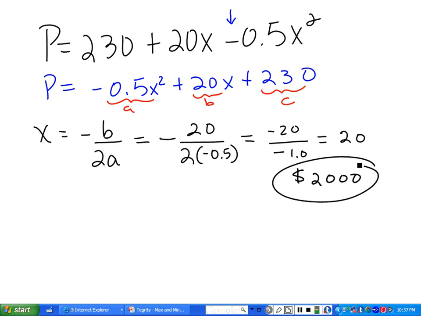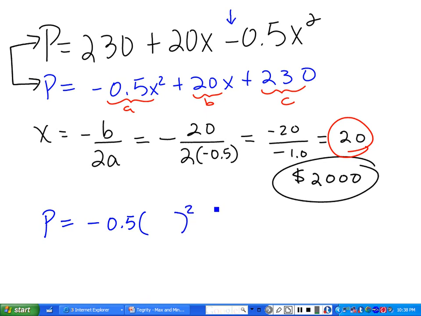So since our x is 20, what we're going to do is just plug that 20 back into the original problem. And it doesn't matter which one we use. We can use either or. I'm just going to use the second one just to stay consistent. Negative 0.5, and whenever you're plugging something in, you can go ahead and just put a parenthesis.